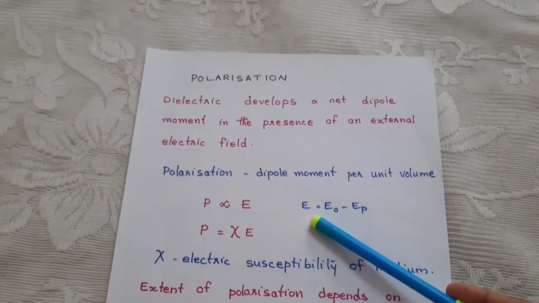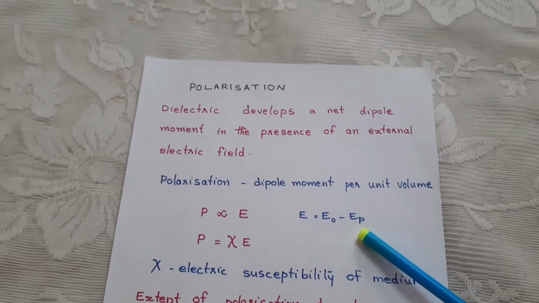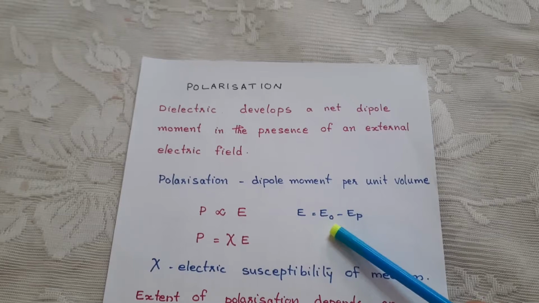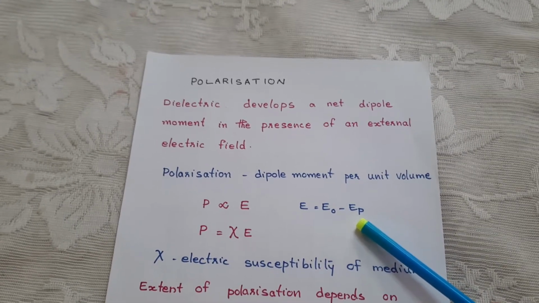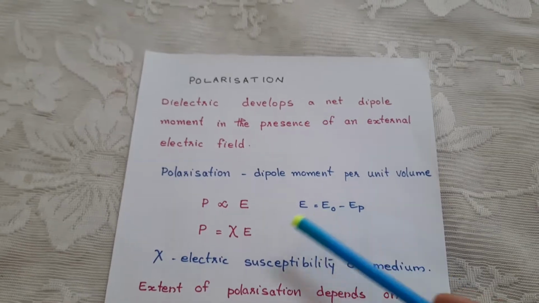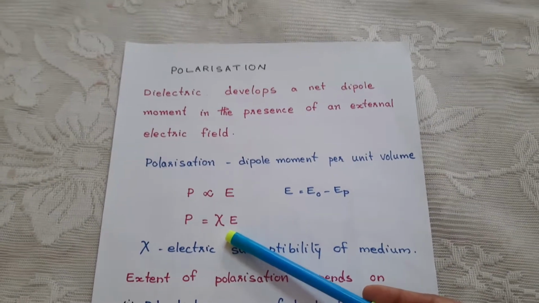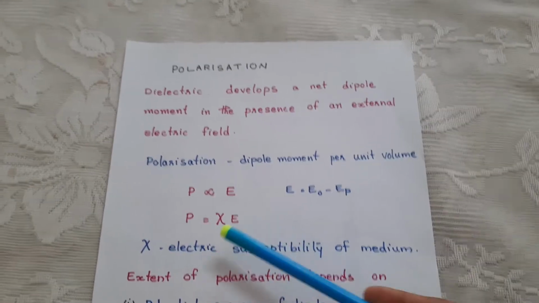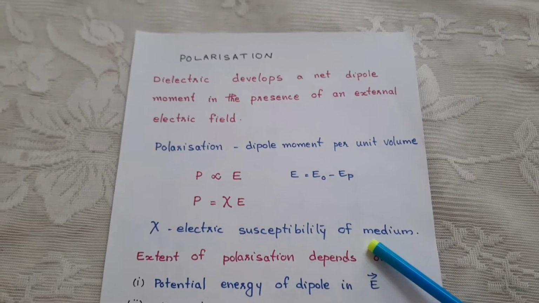The resultant electric field E is equal to E0 minus EP. E0 is the external field and EP is the field produced due to polarization. So P is equal to the constant chi into E. Chi is called electric susceptibility of the medium.